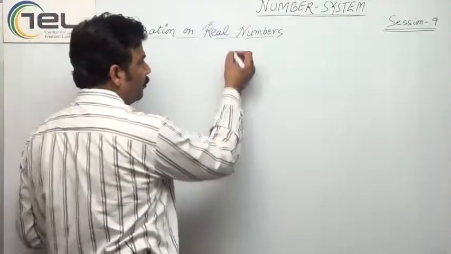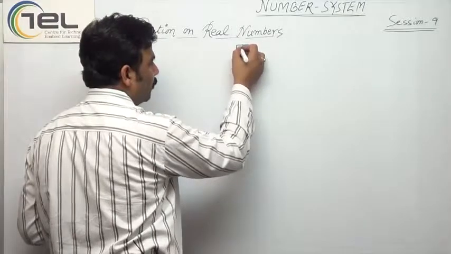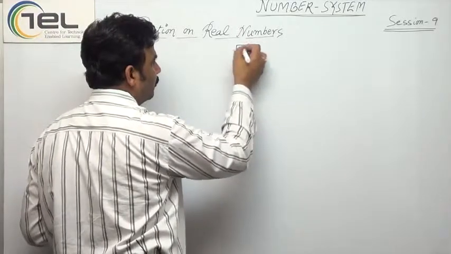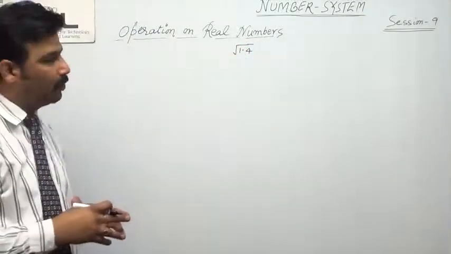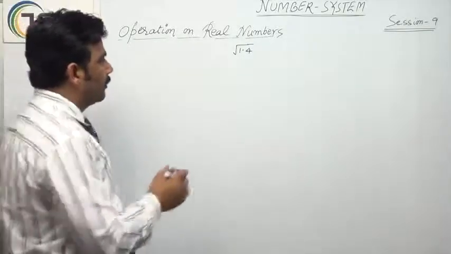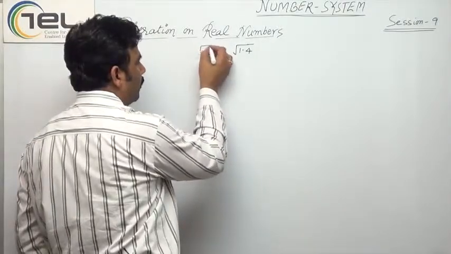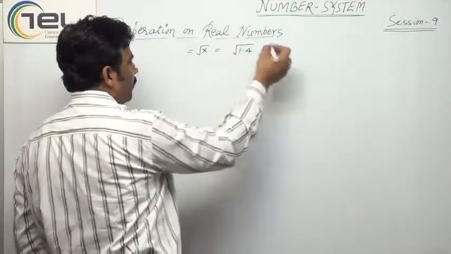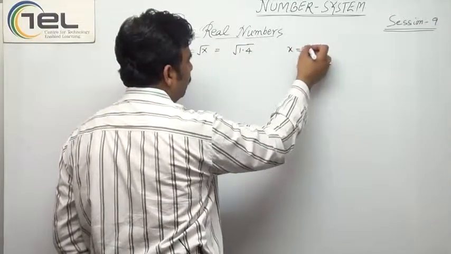Let's say we have to mark square root of 1.4. So how to mark it? Here, under root x, x is equal to 1.4.